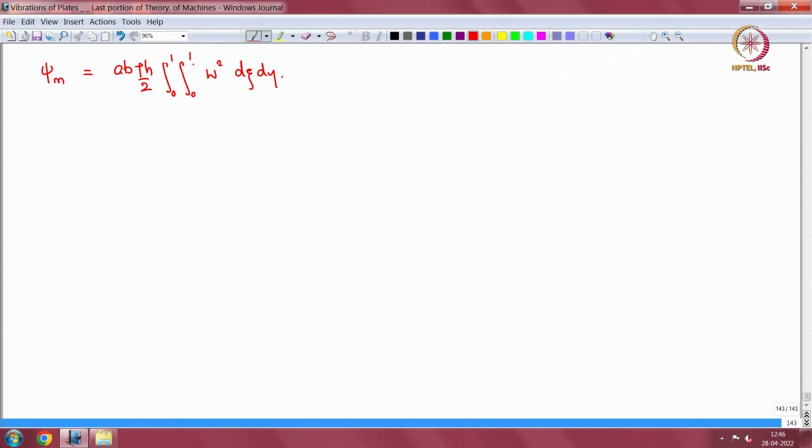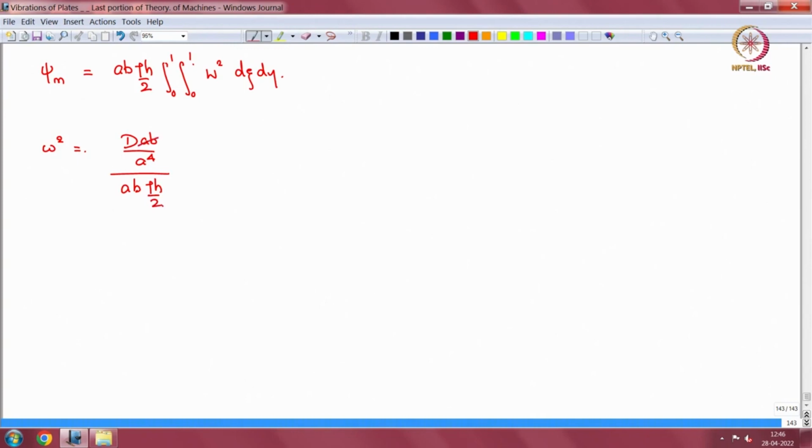So, if you implement this, in the numerator and denominator we have omega square. The Rayleigh quotient numerator has d a b by a fourth, and the denominator has a b rho h by 2.